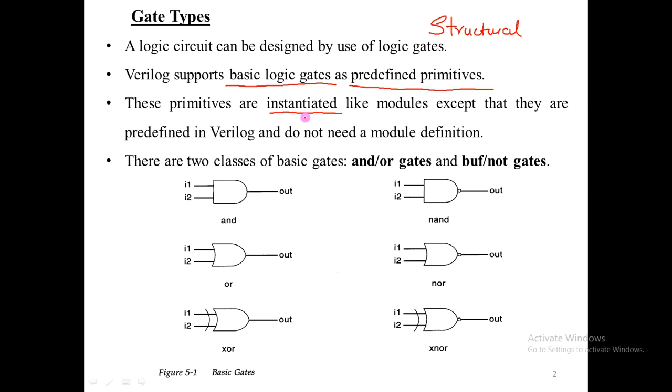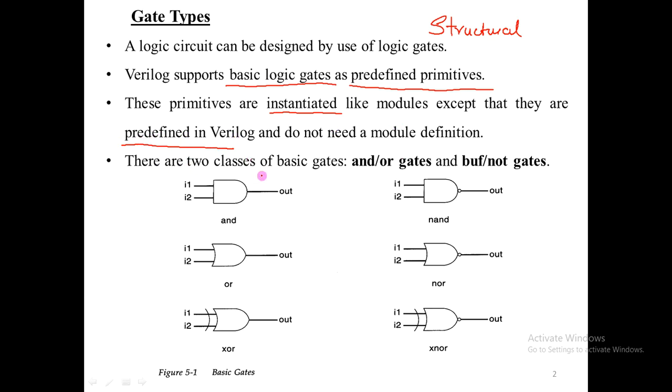It's the same thing as how we did half adder to full adder, but there you were writing the half adder code because the half adder is not predefined. Here you need not write code for AND gate, OR gate and so on, because these are predefined in Verilog. You do not need any module definition.